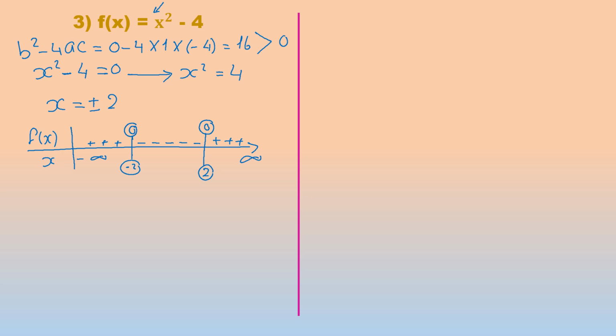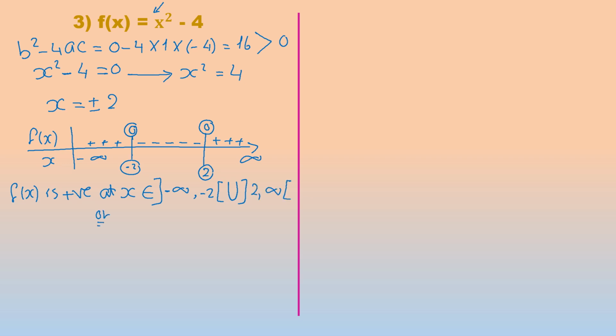Then f of x is positive at x belongs to what? We can write it as from negative infinity to negative 2, opened, union from 2 to infinity, opened.